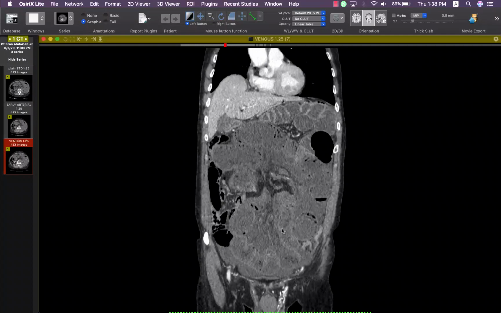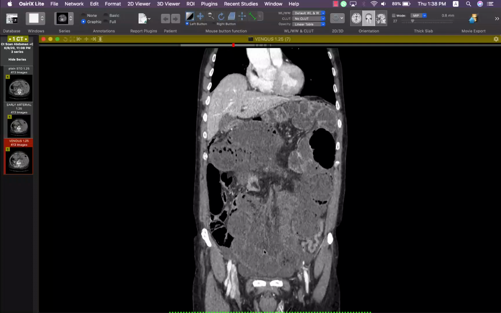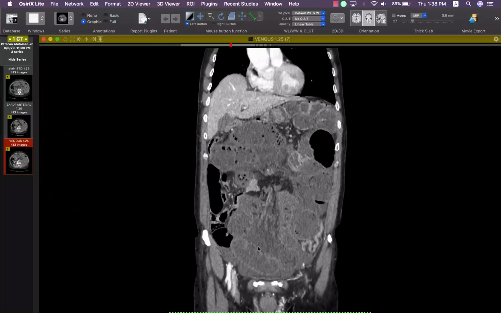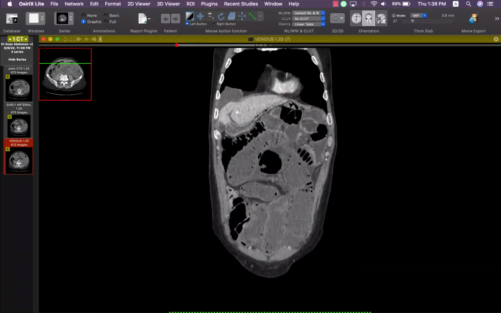We can clearly see the difference between the normal mucosal enhancement here in the proximal jejunal loops and the lack of enhancement, or poor enhancement, seen in the distal ileal loops, and signs of ischemia, and even there is a misty mesentery and free fluid. All these features are keeping with ischemic bowel changes.